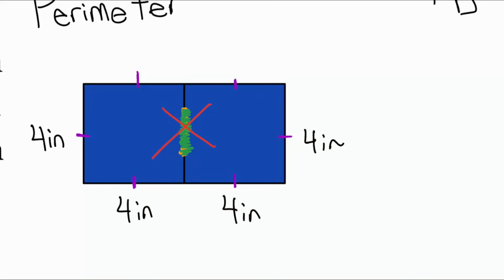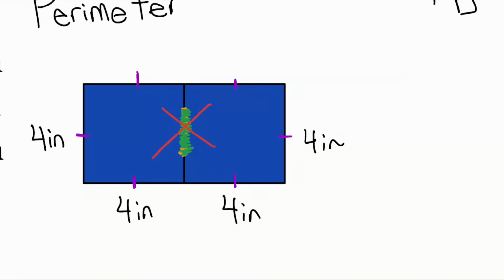We do not care about that. So because of that, everybody, we need to think about this new shape strictly as a rectangle. We are going to ignore where they join together because that's not perimeter anymore. This on the outside is perimeter.